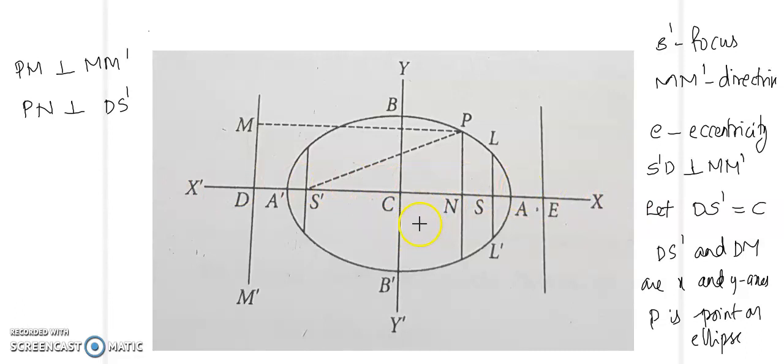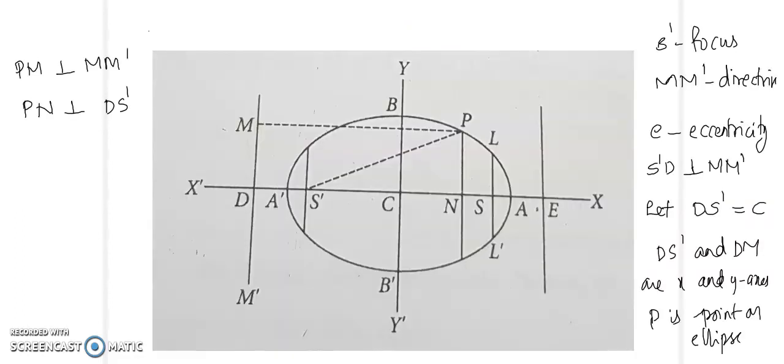And now let us move on to defining the equation of the ellipse. So we have seen that eccentricity will be a constant.